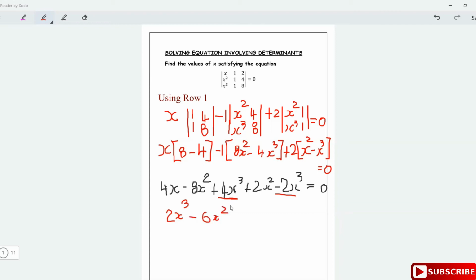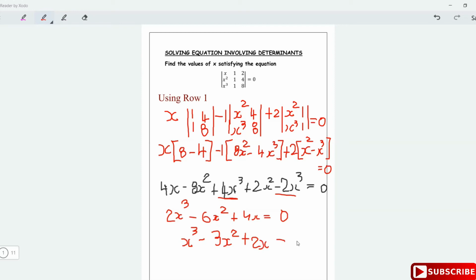Then plus 4x equals 0. What I like to do to solve this equation is divide through by 2. So we end up with x cubed minus 3x squared plus 2x equals 0. It's going to work out really simple.